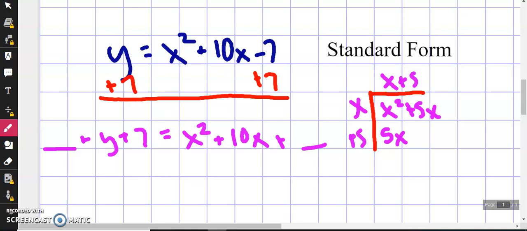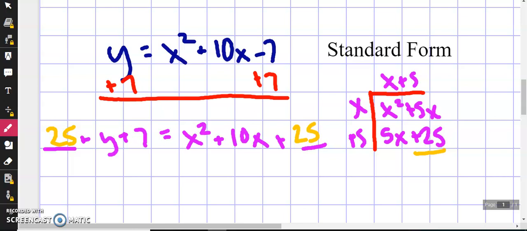And so when I multiply my 5's together, I get 25. So if I take that 25 and add it to both sides, when I simplify the expression, I'll have something that factors on the side with the x's.